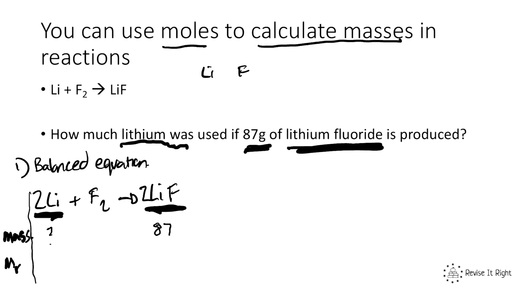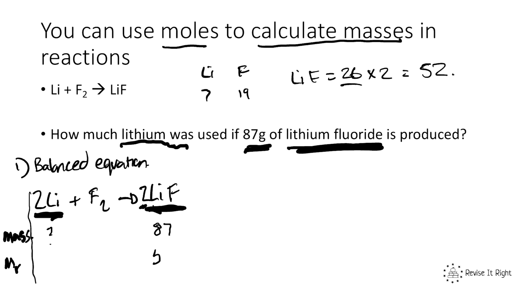Lithium has a mass of 7, and fluorine has a mass of 19. So lithium fluoride has a mass, therefore, if we add them together, of 26. Now, there are 2 lots of these, so we do need to times that by 2, which gives you 52. So the MR of 2 lithium fluoride is 52.